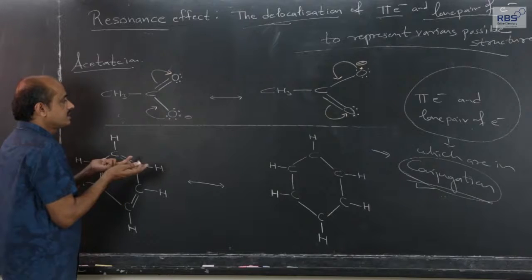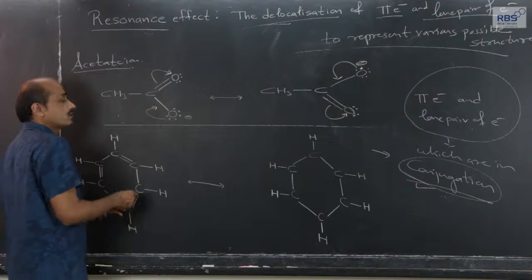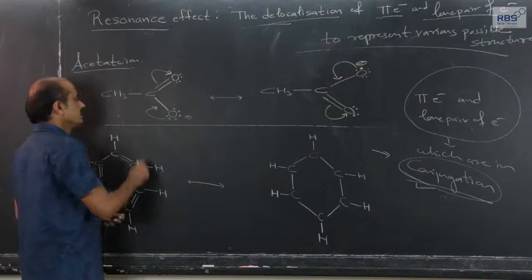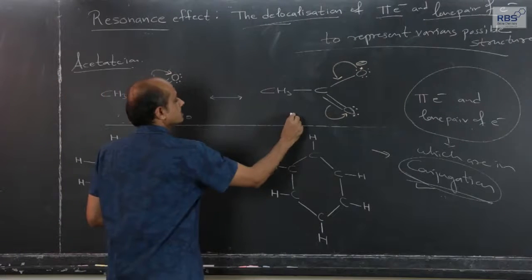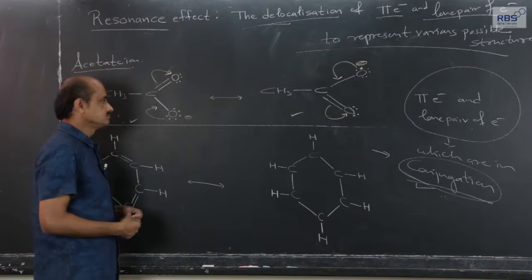So initially, at this juncture, one can say that the acetate ion is present in either this form or this form. It is not.